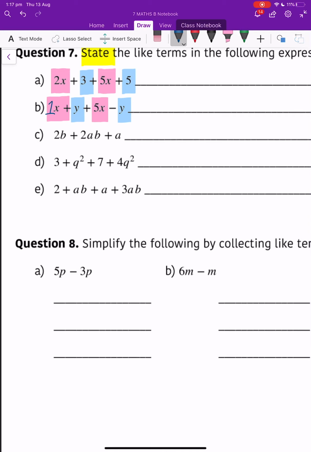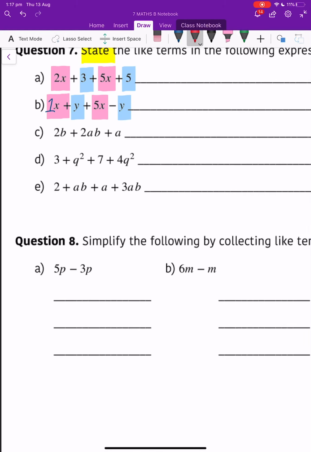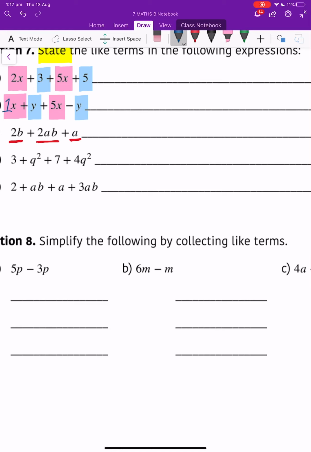Question C. Now with question C, it might look like there are like terms, but there's actually no like terms, okay? You can't, because like terms must have the exact same pronumerals. There is no other term that has only A. There is no other term that has only B, and there is no other term that has A and B. So you would write here, there are no like terms.